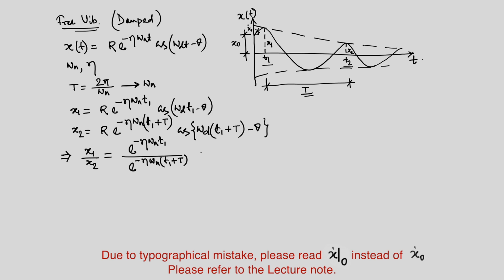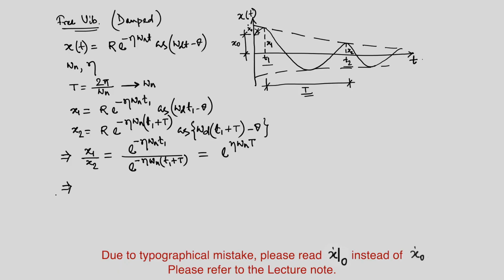Now, we can further simplify this expression. If we open the bracket in the denominator, e to the power minus eta omega n T1 will get cancelled and we will be left with e to the power eta omega n capital T. On the right hand side we have an exponential function. So, if we take the log, ln of x1 by x2 is equal to eta omega n T.